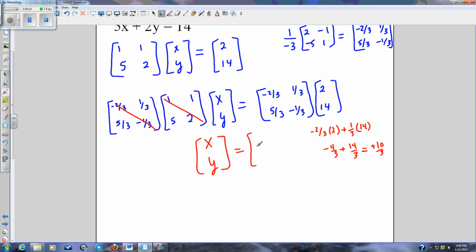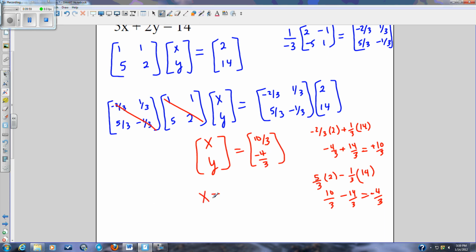So our first entry is 10/3. Next we have second row times only column, so we have 5/3 times 2 minus 1/3 times 14. So we have 10/3 minus 14/3, which gives us negative 4/3. So our second entry is negative 4/3.